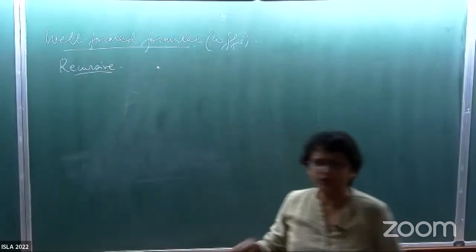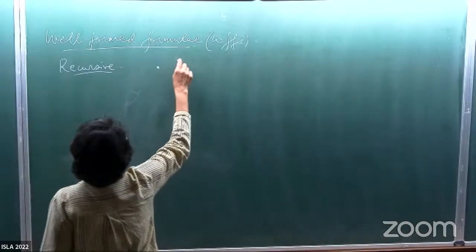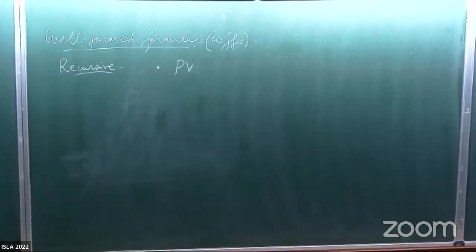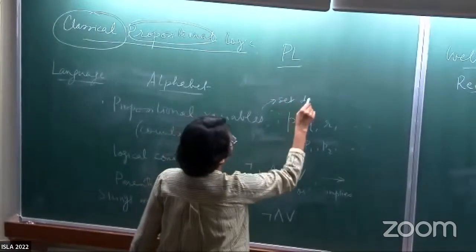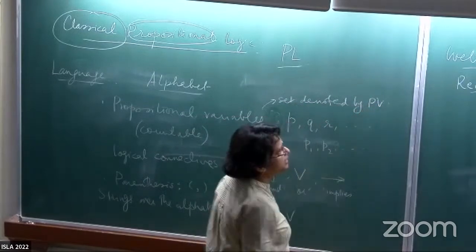So you can put it in different ways. It would be the smallest set of strings over that alphabet which contains the collection of propositional variables. Let's call this set PV.